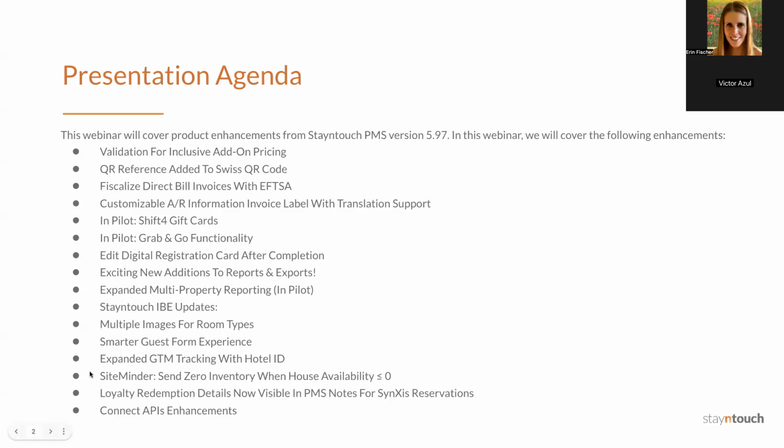And then finally, we have some integrations updates. For SiteMinder, you can now send zero inventory when house availability is less than or equal to zero. And then loyalty redemption details are now visible in the PMS notes for Synexus reservations. And finally, we've made a host of Connect API enhancements.